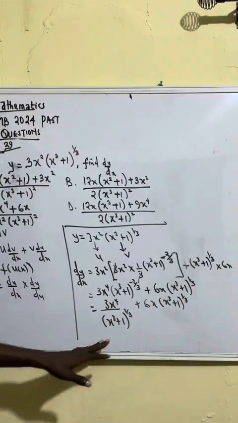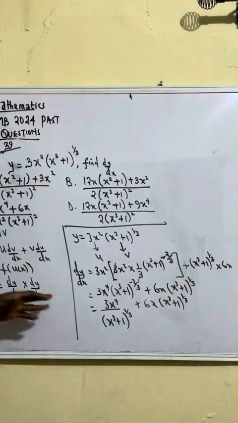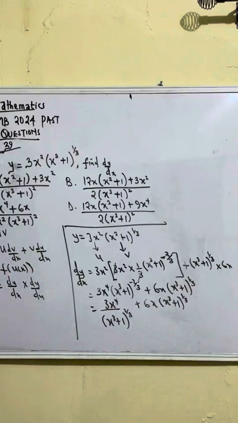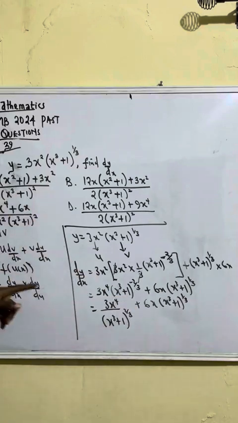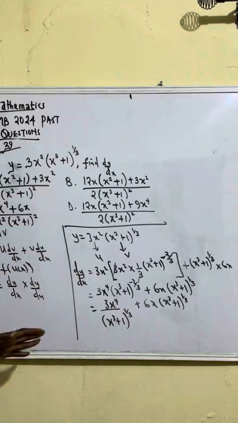If you can still simplify this further, you can get something that will make sense. But if not, you can leave your answer like this, because I am not seeing something that seems to be part of the options here. Let's try to simplify further and see whether we are still going to get it.